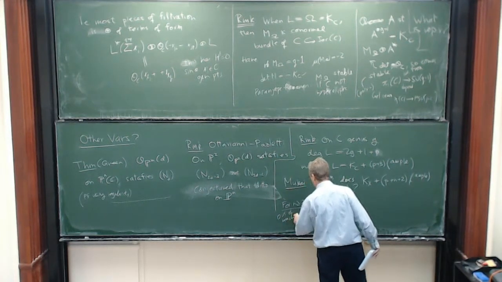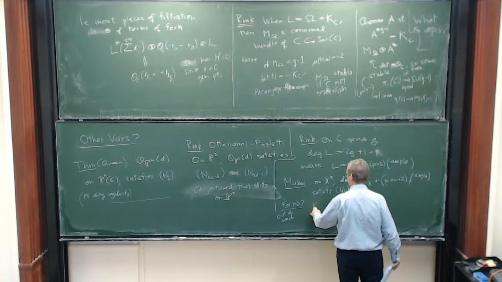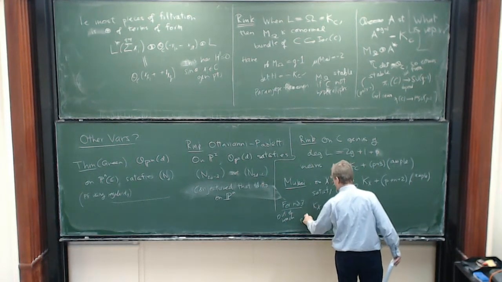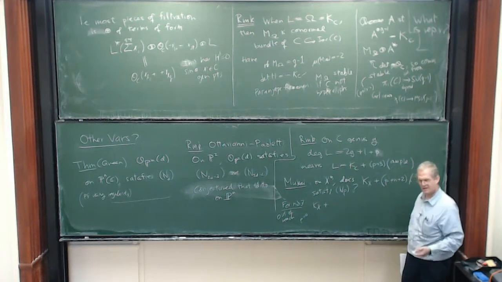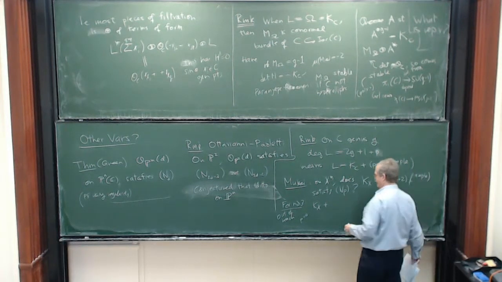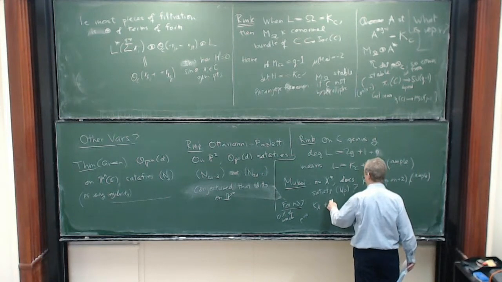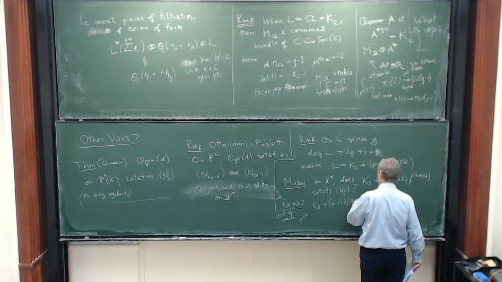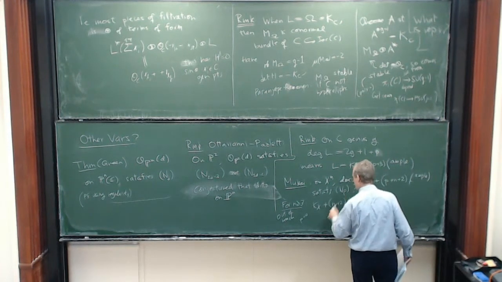Because what's the case p equals 0? Well, when p equals 0, you can't talk about these properties N_p without the thing being very ample. So this would say that K_X plus (n plus 2) times ample should be very ample.